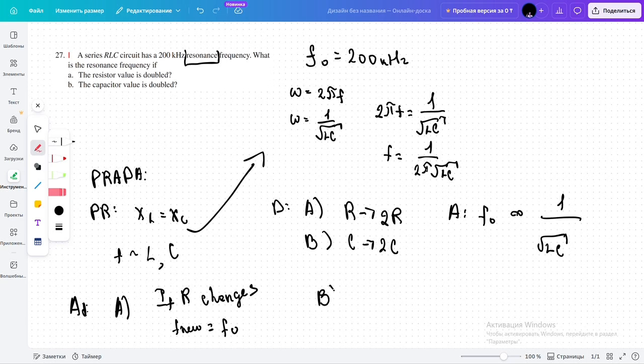In case B, we're just substituting the new C into the proportionality and calculating the change factor. So our new frequency will become the initial frequency divided by square root of 2.